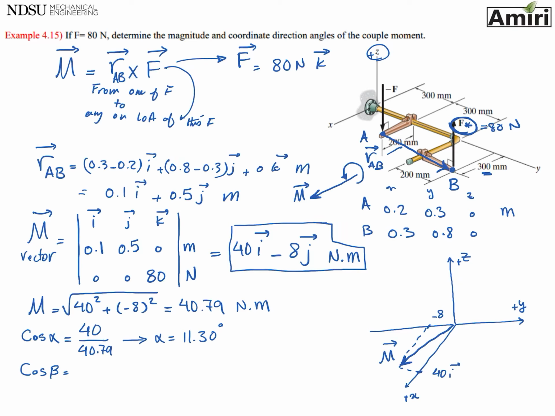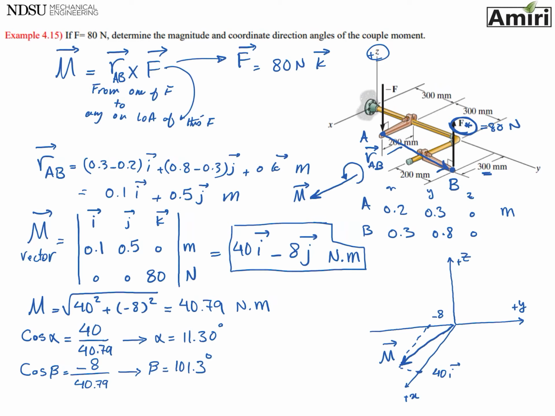Cosine beta is going to be the j component with the sign. Don't forget the sign of it. They stick together and they come together. So the beta is going to be 101.3.